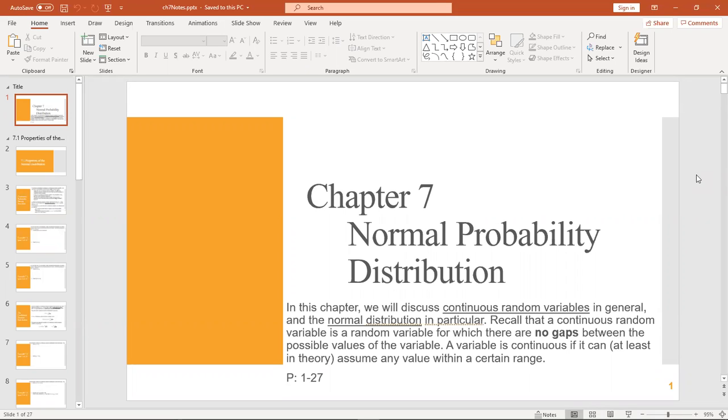Unlike discrete data, where you'd have, say, the number of children in a household, it's discrete because there's 2 children, 3 children, 4 children. You're not going to have 4.5 or 3.1 children. There's 2 or there's 3, nothing in between. For continuous data, it allows fractional values and it allows decimal values.